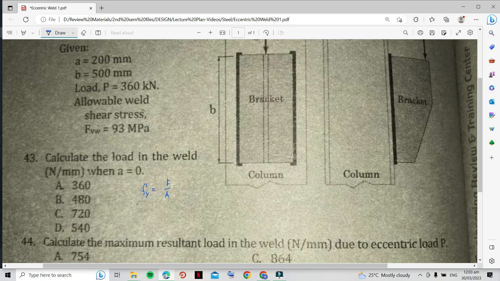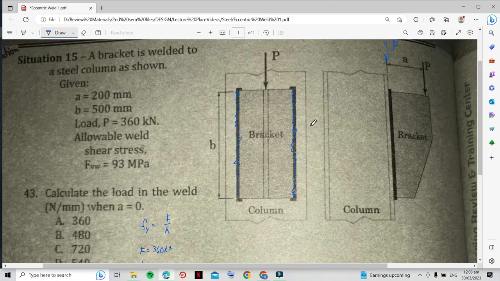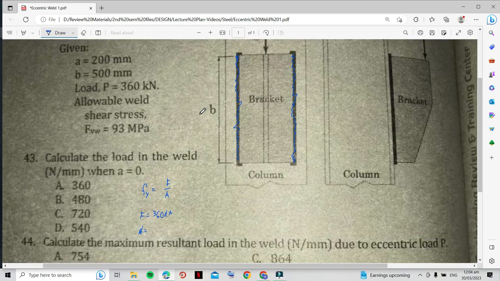The force here is equal to 360 kilonewton. The area is the area of the weld, which is this. There are two sides of the weld, each with a length of 500 mm.